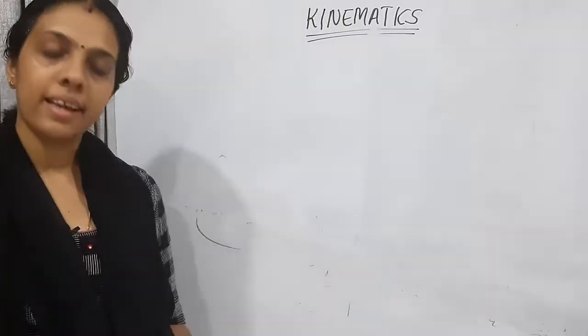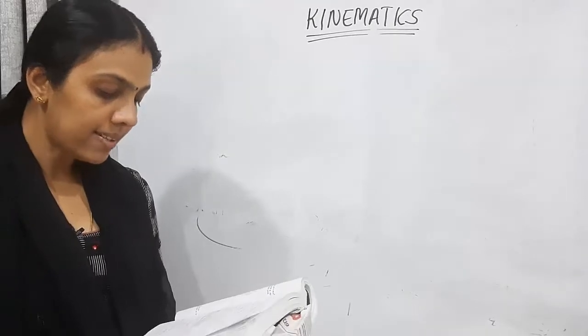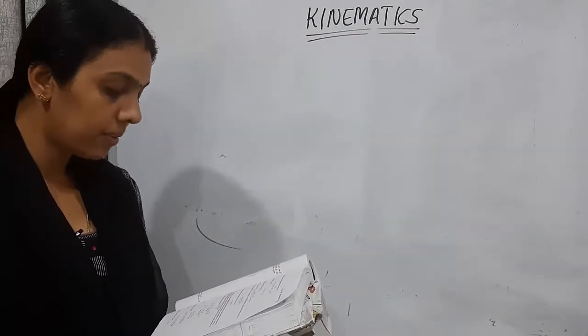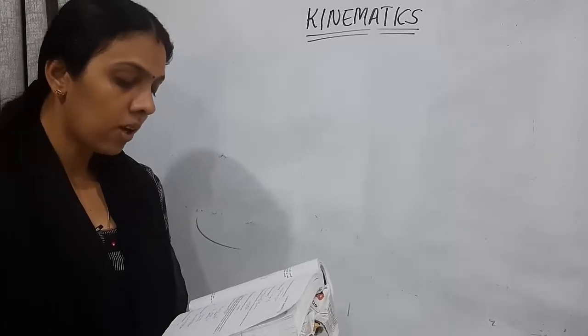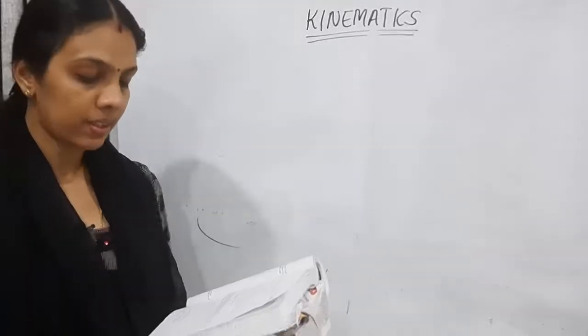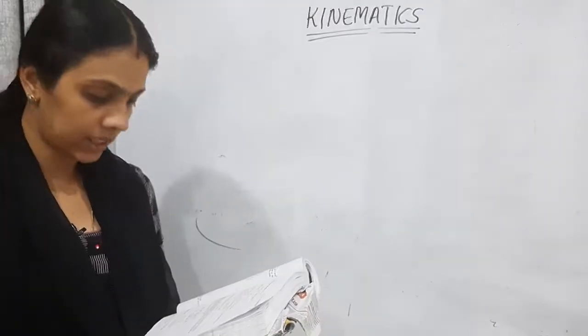Clear? Next question is, a particle starts with an initial velocity and passes successively over the two halves of a given distance with constant accelerations a1 and a2 respectively.